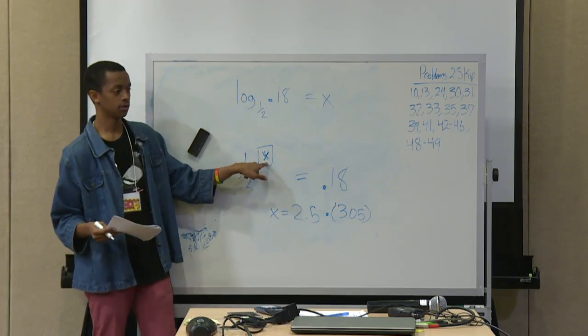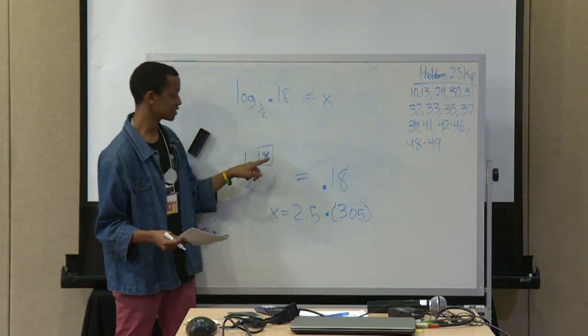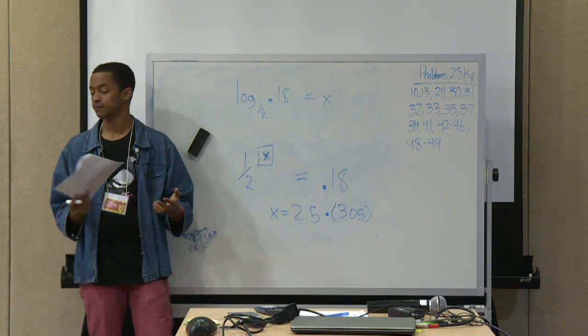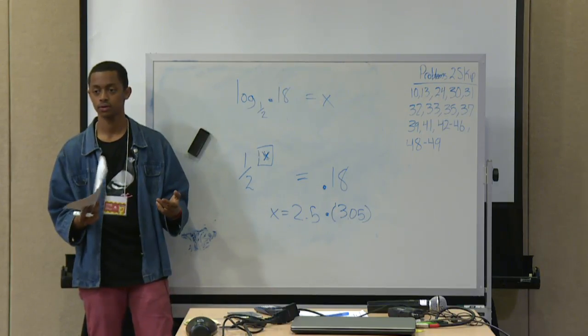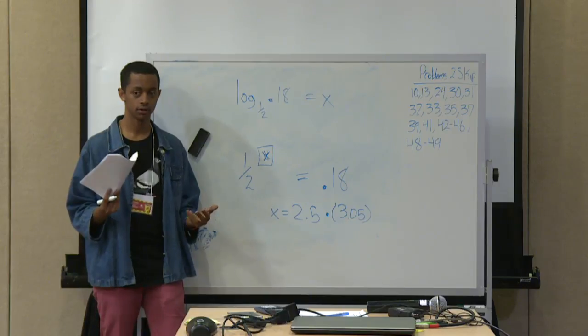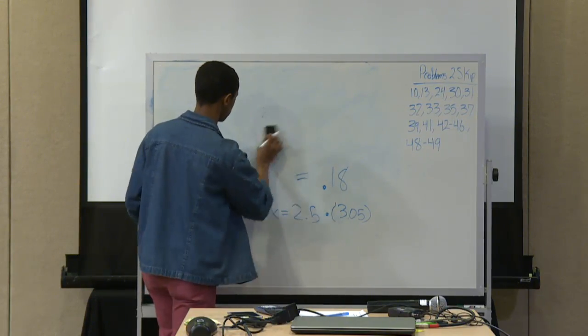The x is how many half-lives you're going to repeat. If this was 10, it would be 10 of these. This x number is the number of half-lives that occur. Any questions? I'm just going to write the formula one more time, and then we'll move on to the next question.